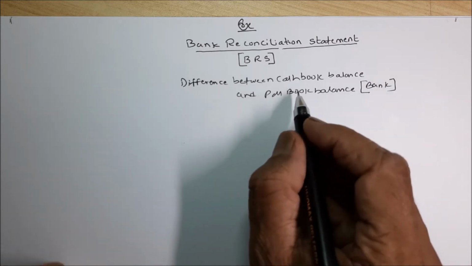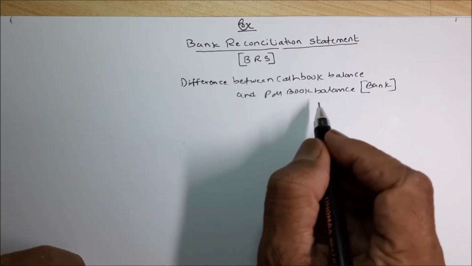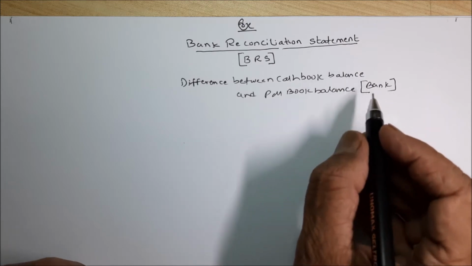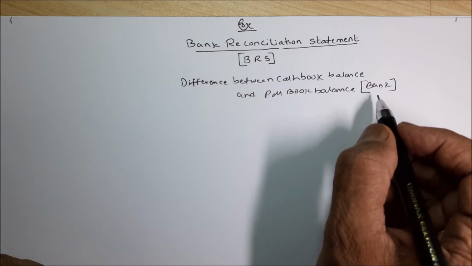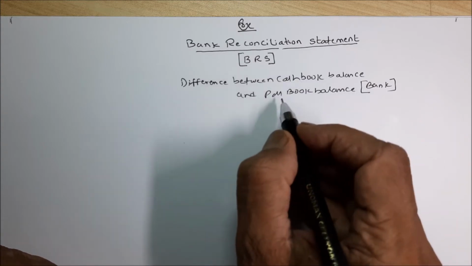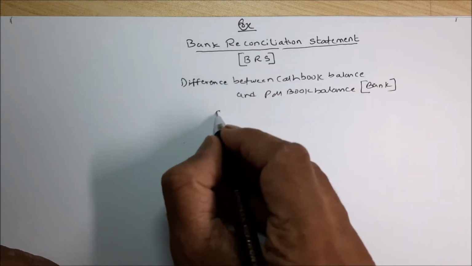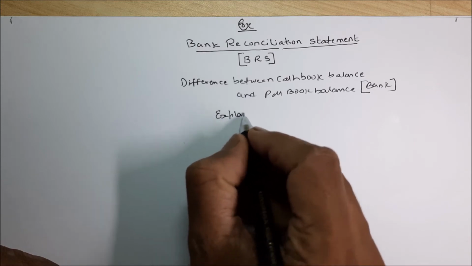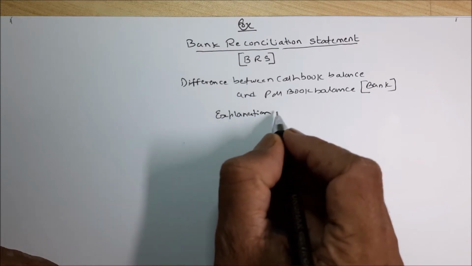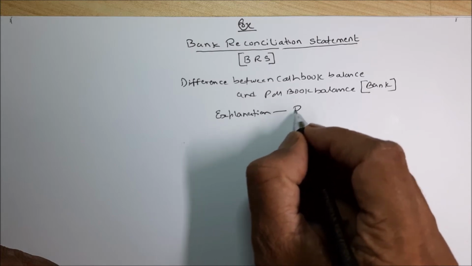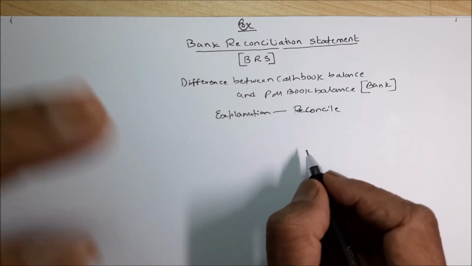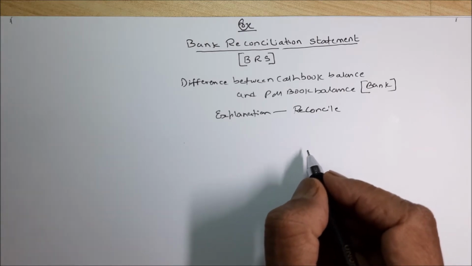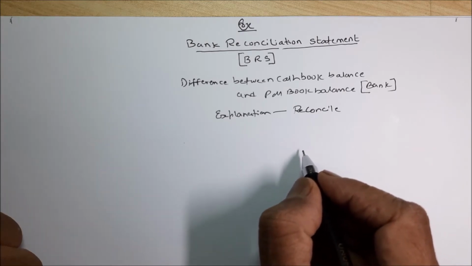Whenever there is a difference between cash book balance and passbook balance, then for that difference, why that difference is coming, we have to give an explanation. That explanation is what we mean by reconcile. That means where the difference is coming and why that difference is coming.